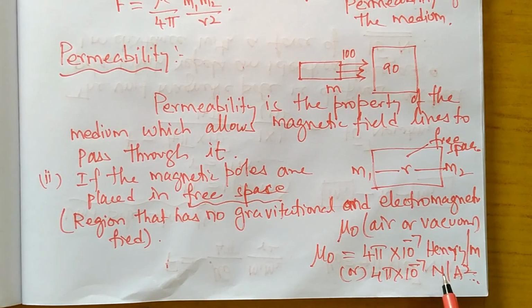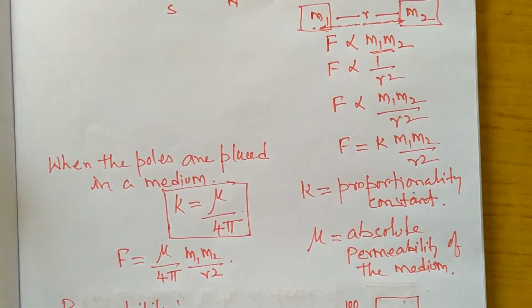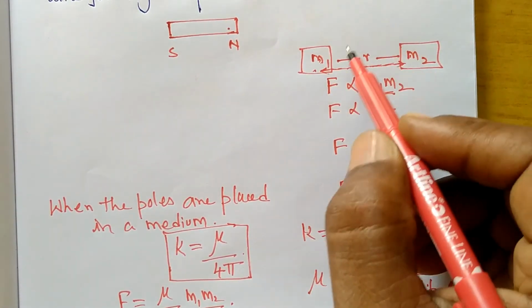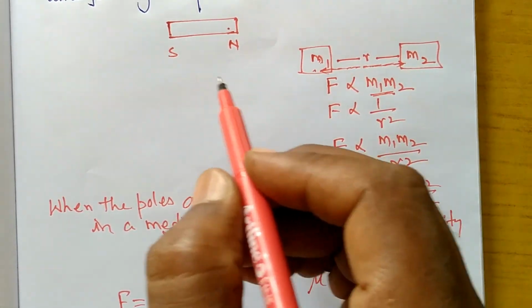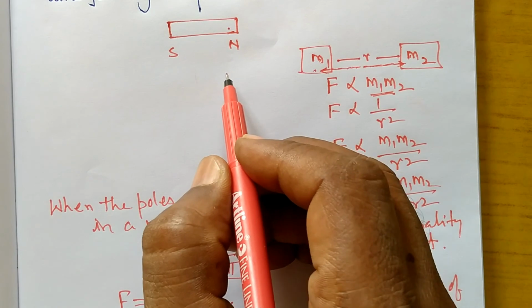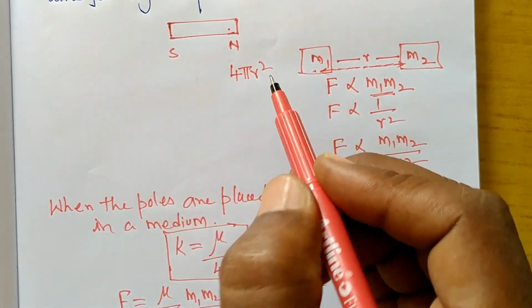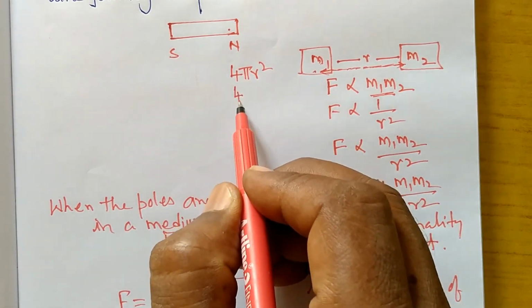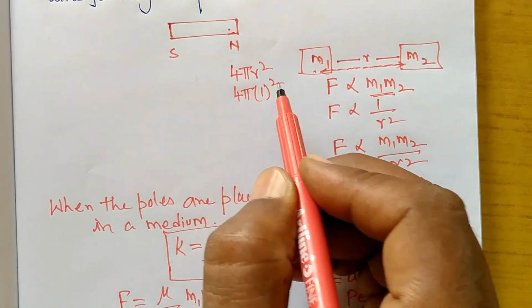Now let us understand how we got this value 4 pi here. We said that the poles are placed in free space. Free space is a three-dimensional region. So in a three-dimensional region, the surface area of a sphere is 4 pi r square. For unit radius, what will be the surface area? The radius is 1 unit, therefore r square is 1.